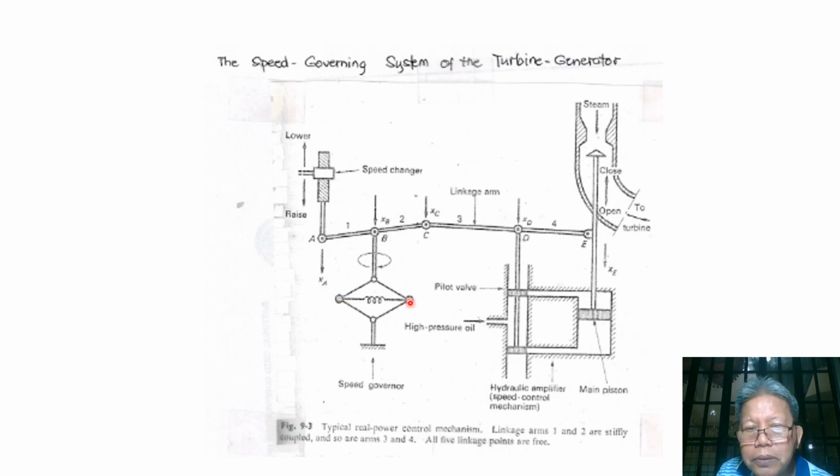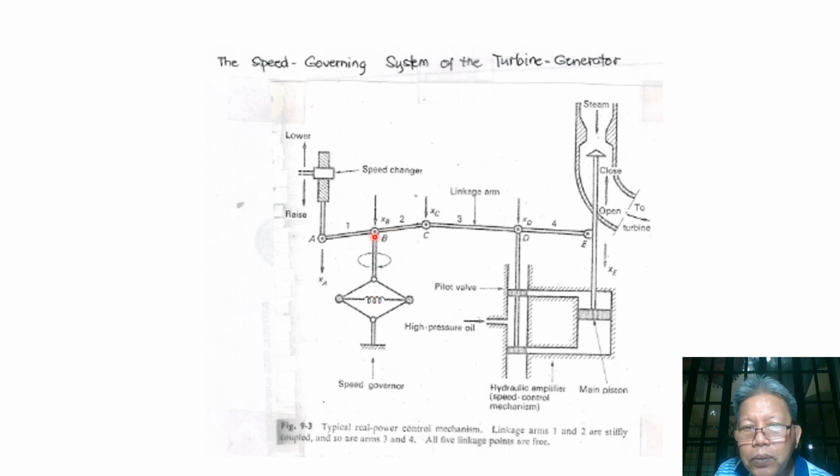Now, when the speed of the generator is high, the balls' tendency to fly away pulls these connectors and this linkage down, so it pulls point B down here.